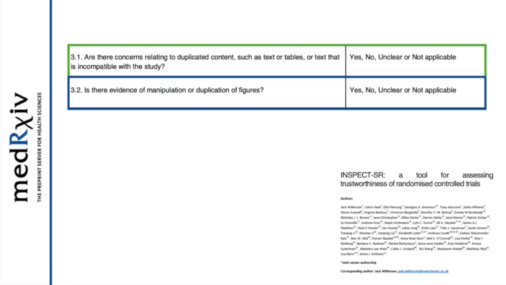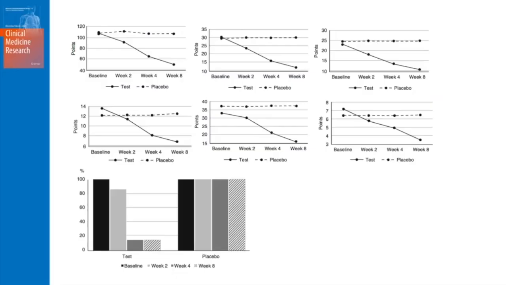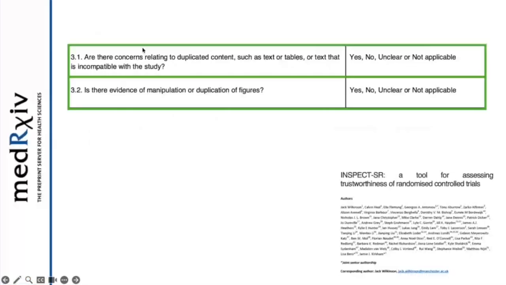Is there evidence of manipulation or duplication of figures? So for this one, you will have to inspect in more detail the different figures of the paper. So here are the figures of the paper. Basically we have various figures reporting the results on the ABC scale. And here we have another figure. So let's have a look at this figure.